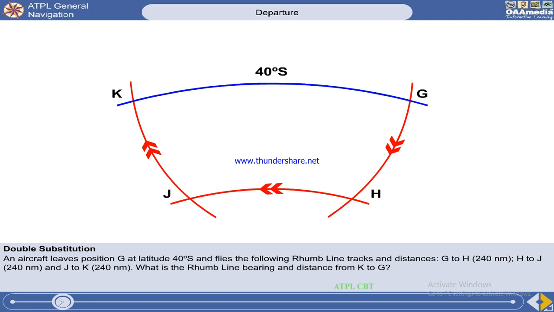However, if we can find the change of longitude between H and J, it will be the same as the change of longitude between K and G. We need the departure and the latitude between H and J. But we first need to find the latitude of H. 240 nautical miles is 4 degrees. It's simply 240 divided by 60. So H is at 44 south.